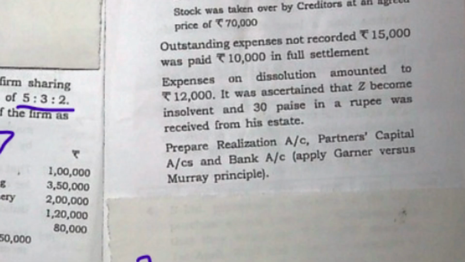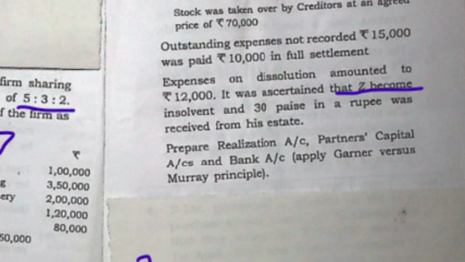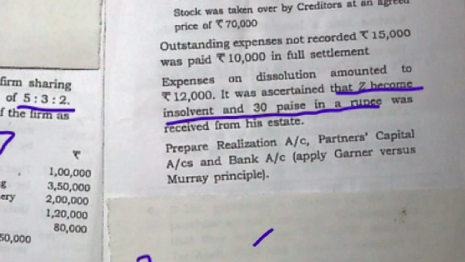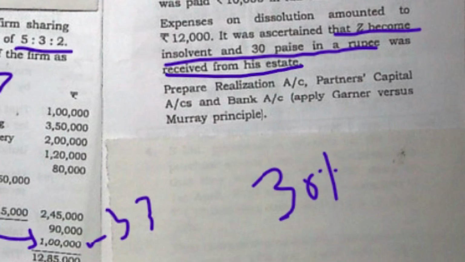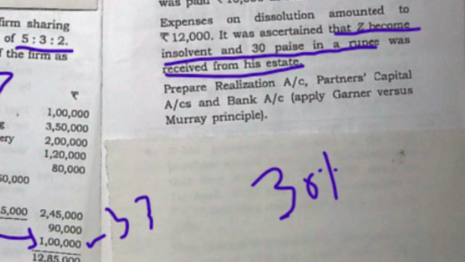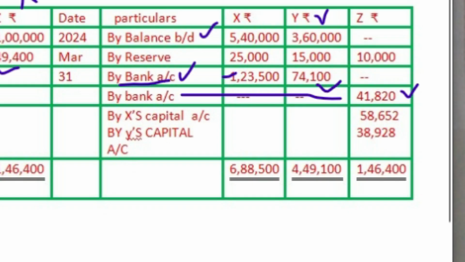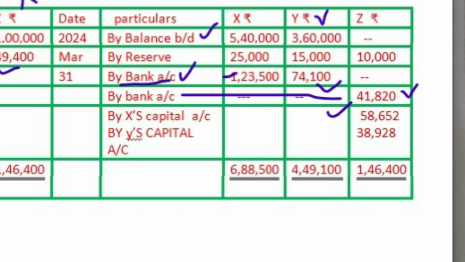Here it is given that Z became insolvent and paid 30 paise in a rupee, or 30%, from his estate. Because of this adjustment the entry is recorded, and 41,820 is to be calculated after recording all the transactions.